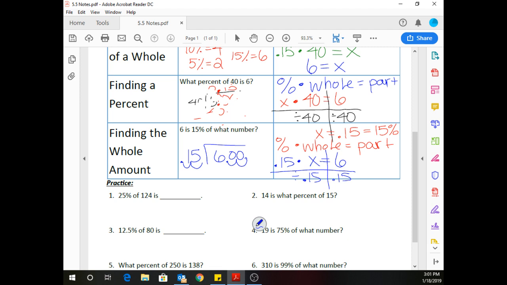Can 15 go into 6? No. Can 15 go into 60? Yeah, 4 times. 60 minus 60 is 0. Bring down the 0. Can 15 go into 0? No, 0. 15 times 0 is 0. 0 minus 0 is 0. So the whole is 40. 40. These were all the same.